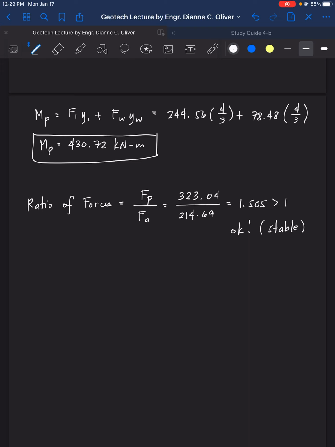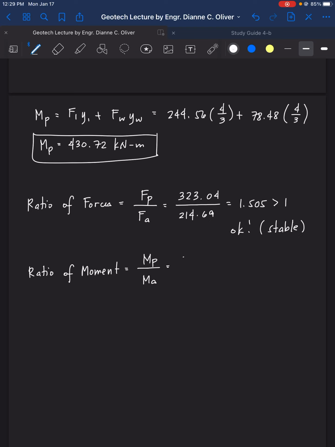Right? Nice. Now let's check for the ratio of moment. We need to have it stable for moment just to say that the structure is stable. MP over MA.